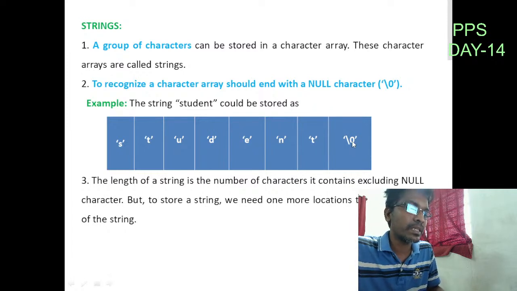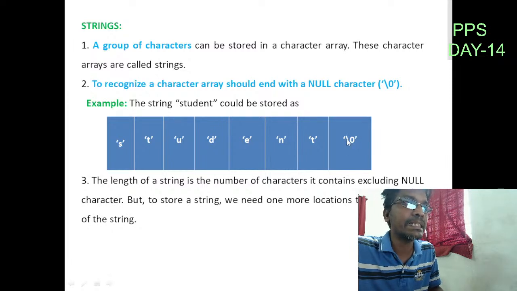Now let us discuss the difference between an integer array and a character array. In an integer array, the elements do not end with the null character. Whereas in a character array, after storing the characters in memory, the end is filled with the null character. So that is the difference.